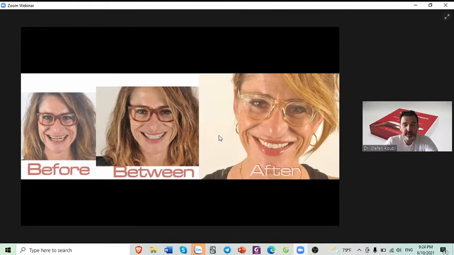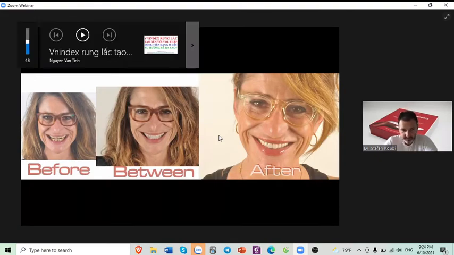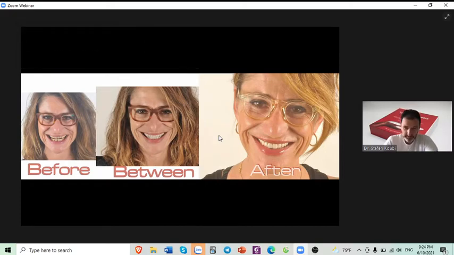And if I have to be honest with you, the very tricky part for a dentist is to find the way between the before and the between step. Because between the middle step and the after, it's a matter of basic dentistry, cementation, bonding protocol. But in the first step, between the first picture and the second picture, it's a matter of architecture.